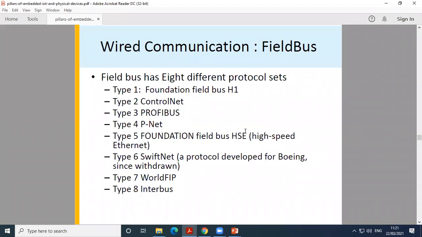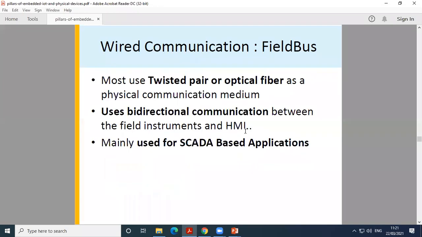Most of the field bus data transfer is done using small size packets in a serial way. The field bus also provides bidirectional communication between the field instrumentation and the human machine interface. And the Foundation Fieldbus protocol was developed on the basis of the OSI model.